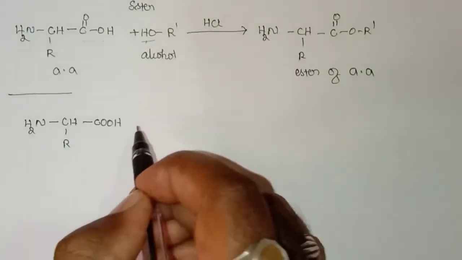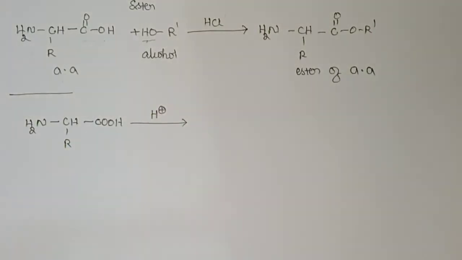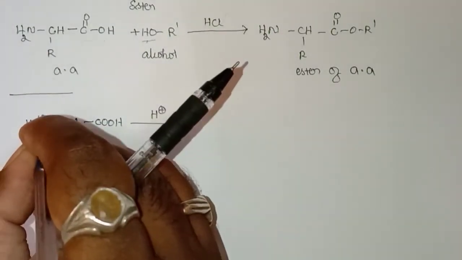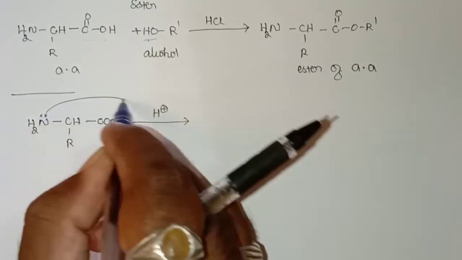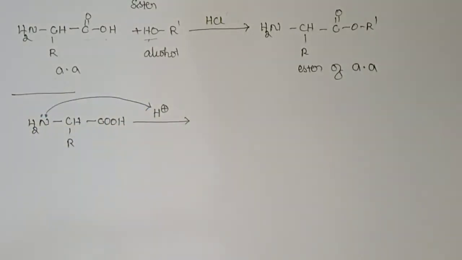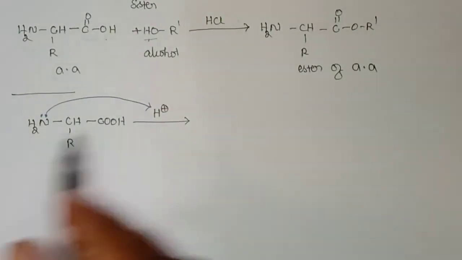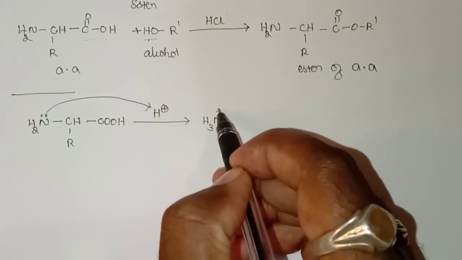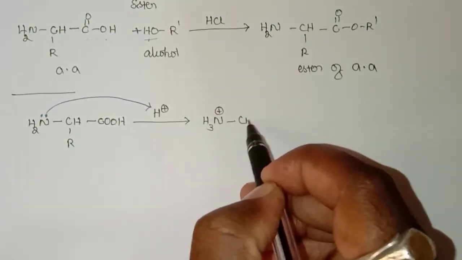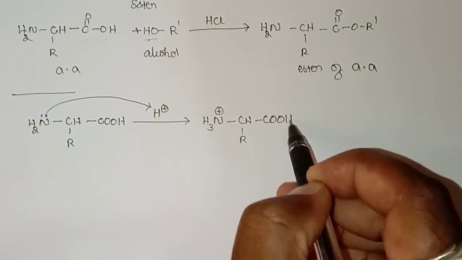The H+ ion of the hydrochloric acid comes into the picture, and the lone pair of electrons on the nitrogen atom will be donated to this H+, resulting in the attachment of the H+ to NH2 so as to form NH3+ and CH R COOH. This will remain as it is.